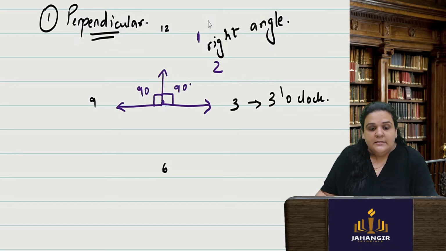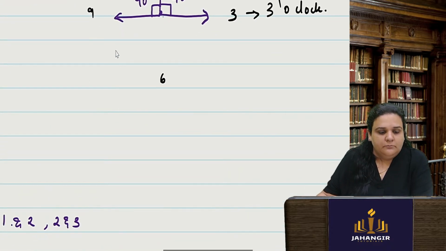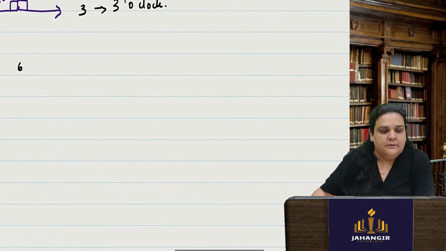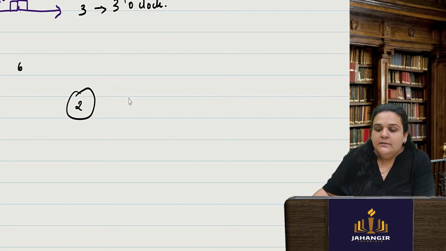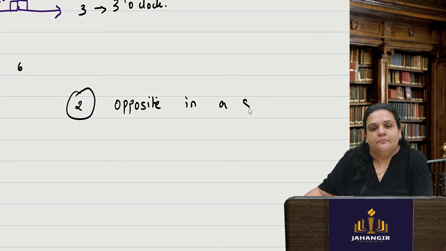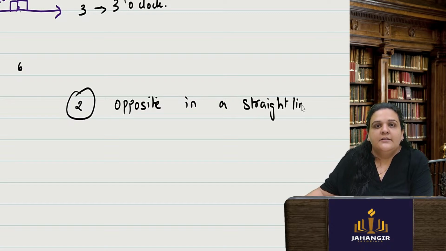Similarly, the next one we have after perpendicular is 180 degrees, opposite, in a straight line.